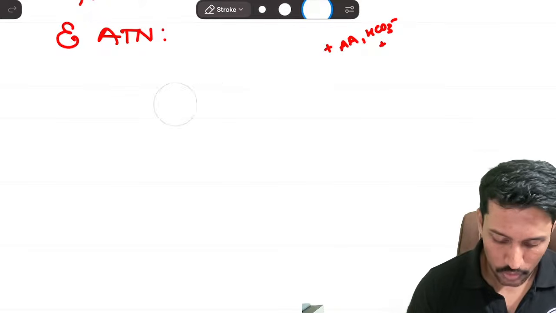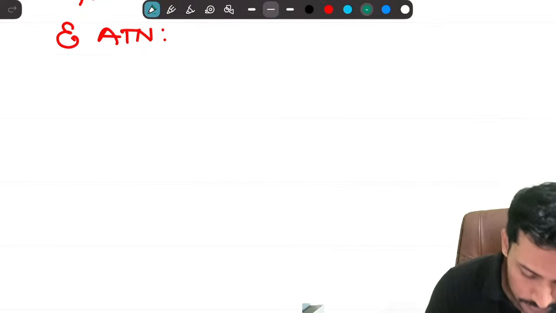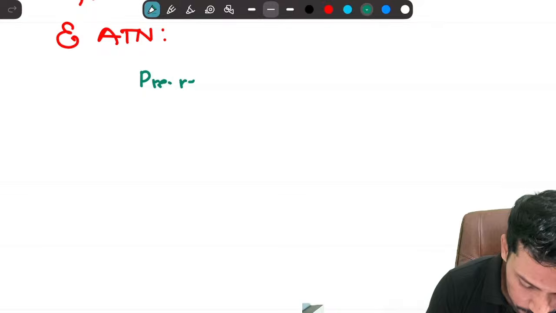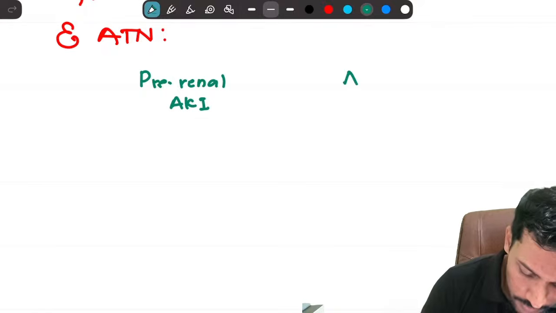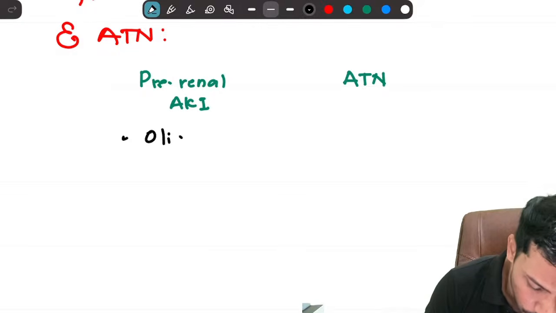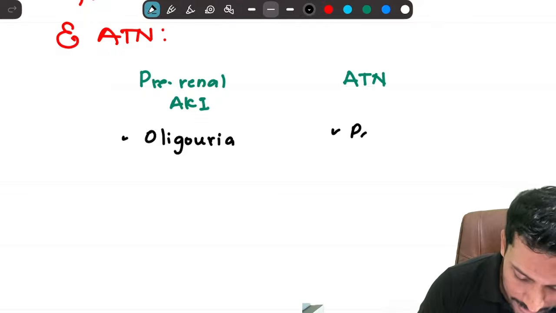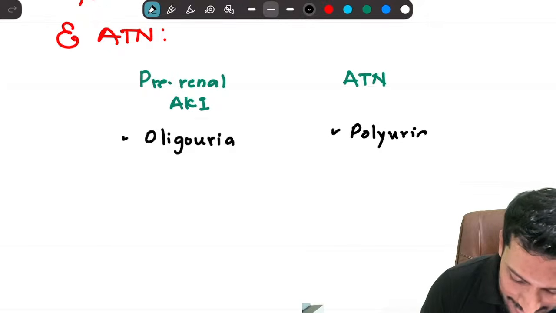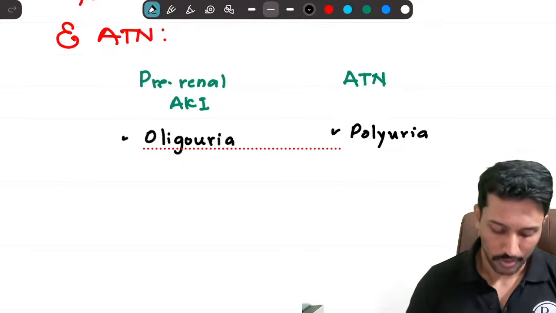So let us write down those findings. If I have prerenal AKI and if I have acute tubular necrosis: if you have prerenal AKI, very often you have oliguria. You might end up with polyuria if you have ATN because you're not able to reabsorb water.